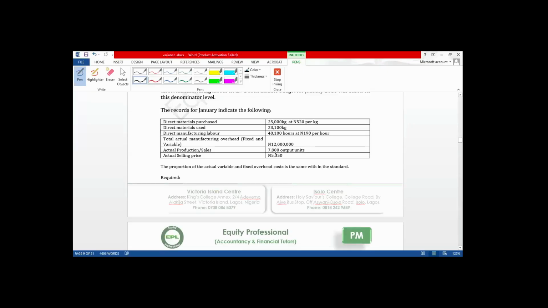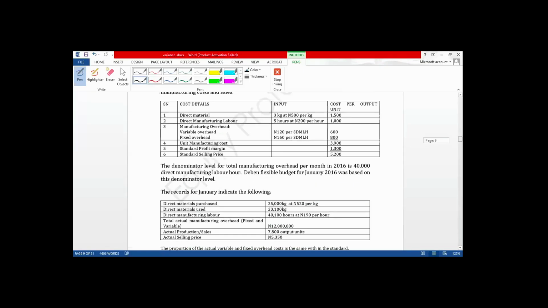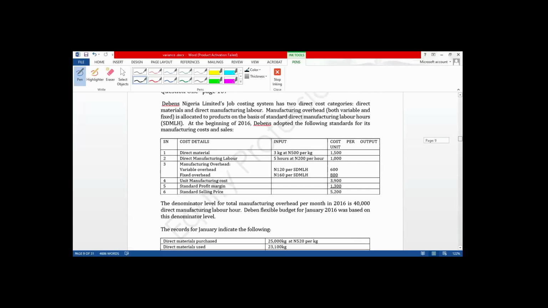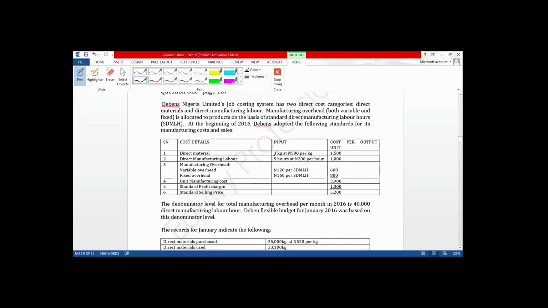Actual production is 7,800. To produce one, we require 3 kg of material.